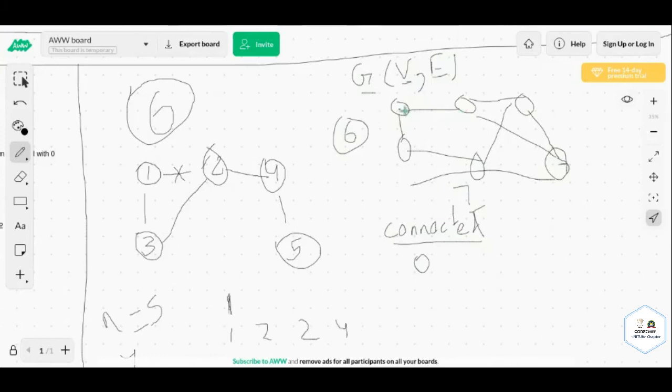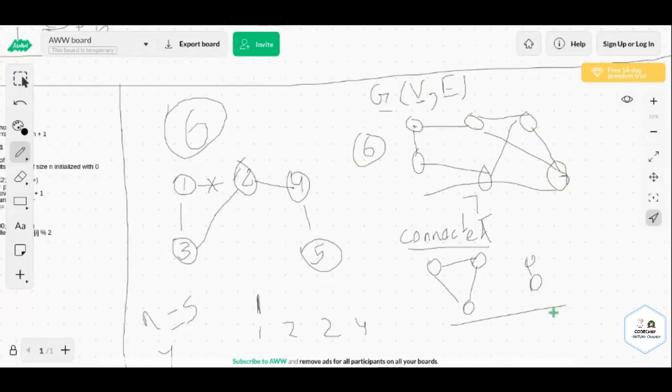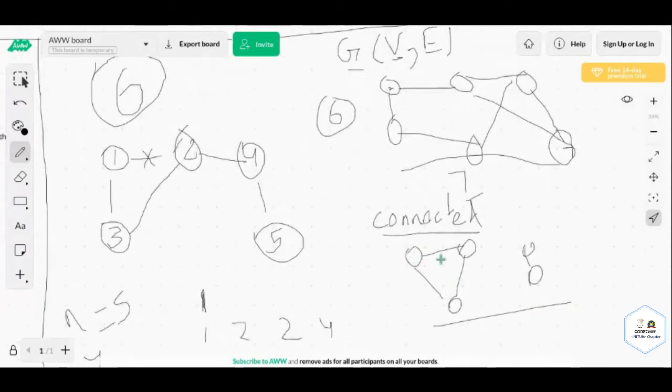So the above graph G is a connected graph because I can reach from here to any other node, and this is possible for all other nodes. But let's say we are given this graph. This is not a connected graph. This is a disconnected graph because I can reach one of these nodes, but I cannot reach from here to here, right? Because there is no path.